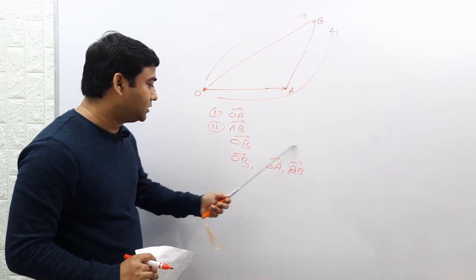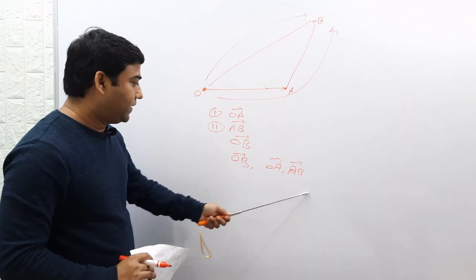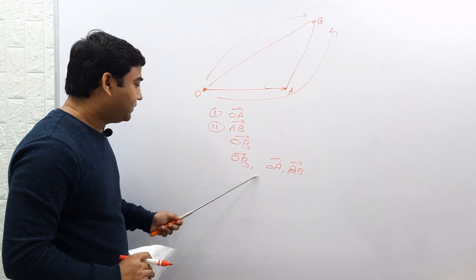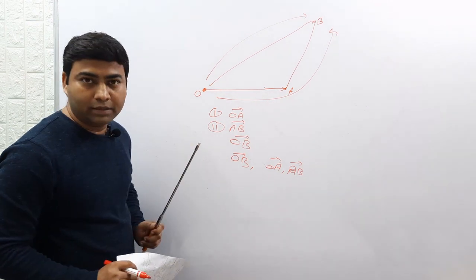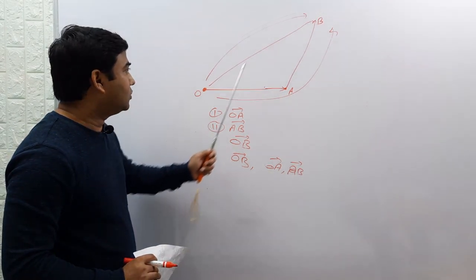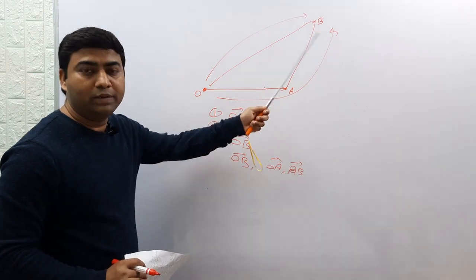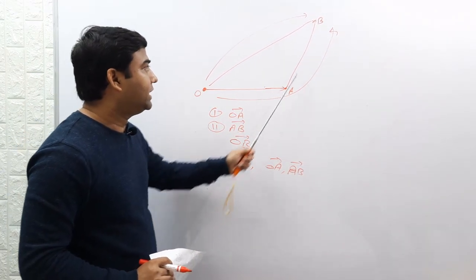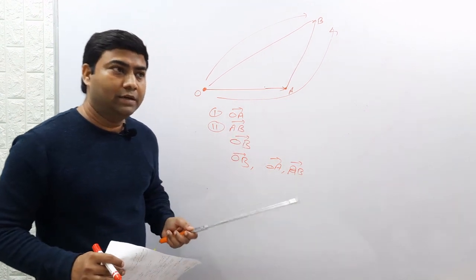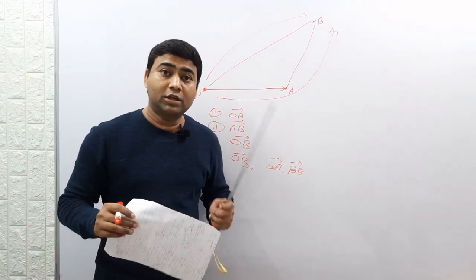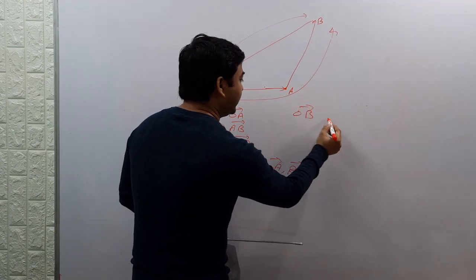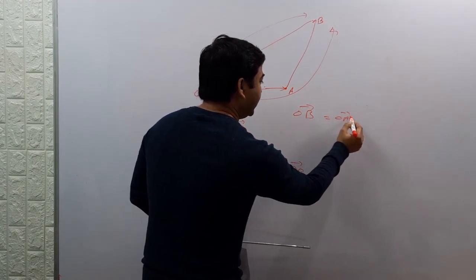The effect of these two displacements is the same as the effect of this displacement. So displacement OB we will say is the resultant vector of OA and AB, or we will say vector OB is the sum of vector OA and AB.